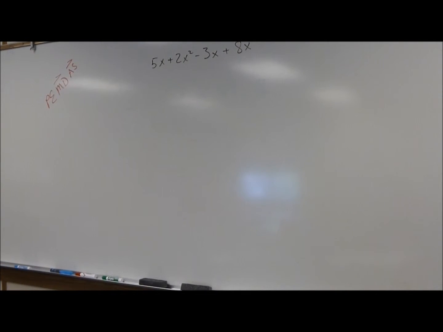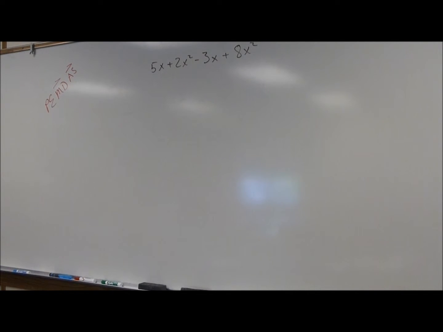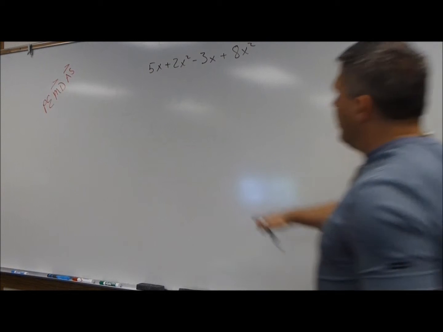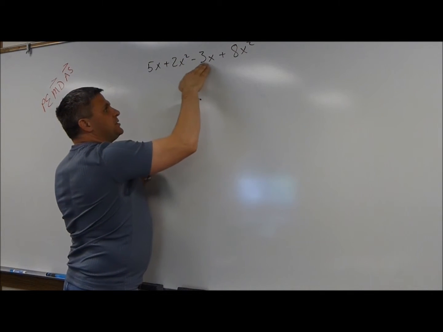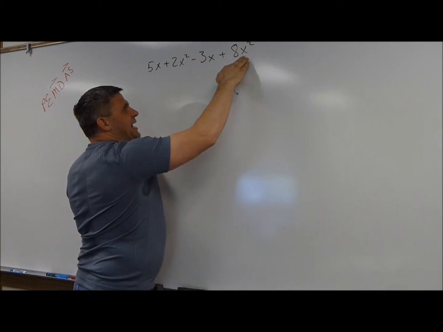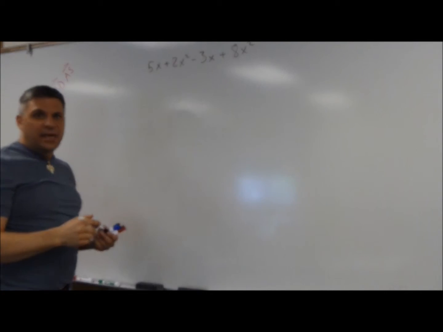And to go real quickly, we have over here 5x plus 2x squared plus 3x plus 8x squared. Okay?